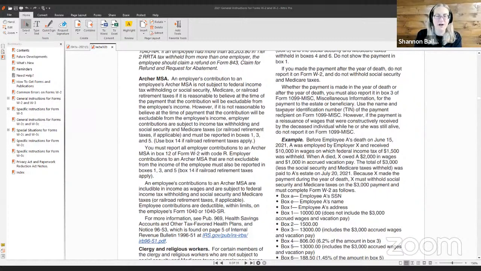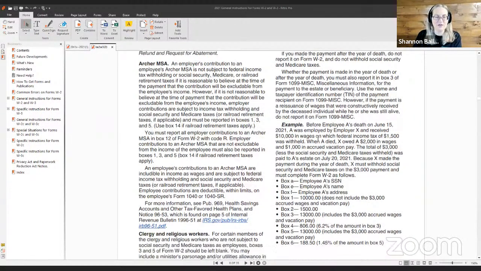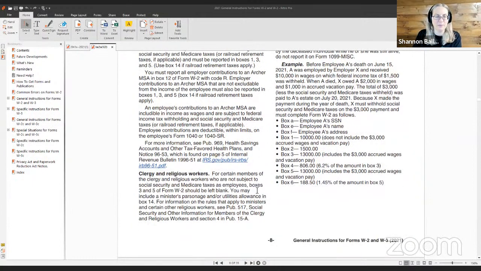Employee contributions are deductible within limits on the employee's Form 1040 or 1040-SR. For more information, see Pub. 969, Health Savings Accounts and Other Tax-Favored Health Plans, and Notice 96-53, which is found on page 5 of Internal Revenue Bulletin 1996-51, found at the following web link.